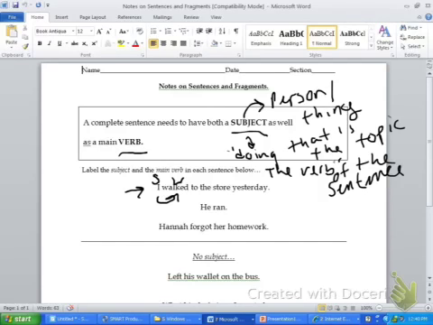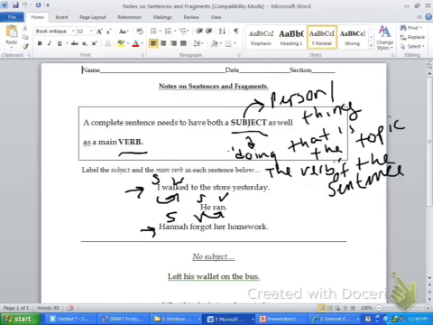Same thing here. We have a subject and a main verb. This subject is doing the running. Okay, try this one. See if you can label the subject and the main verb. So Hannah is the subject, and forgot is the main verb.